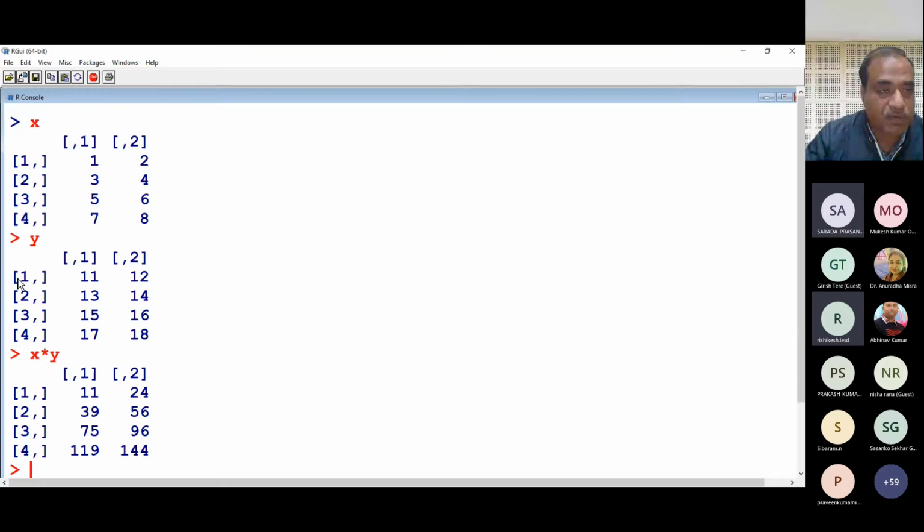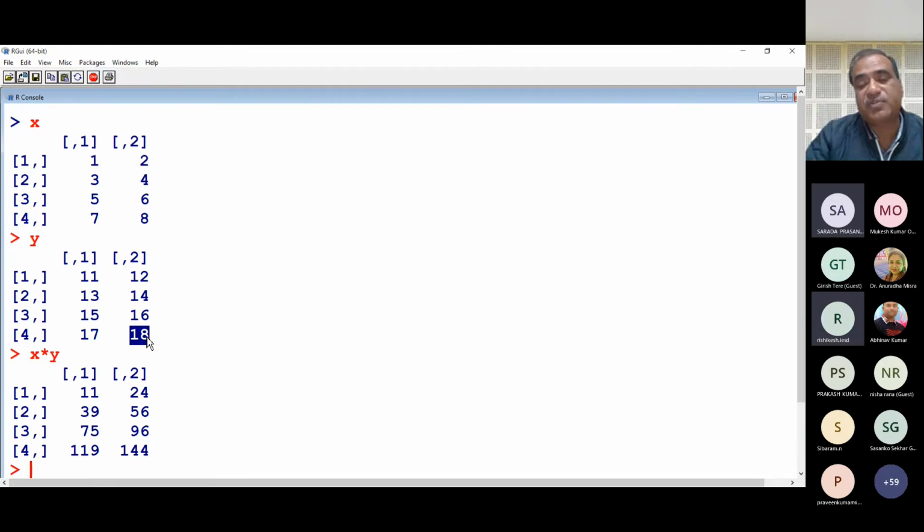For example, the element in the first row, first column is multiplied by the element in Y at the first row and first column. Similarly, the last value, at the fourth row, second column, is multiplied with the value in the fourth row and second column. So this multiplication is happening element-wise.